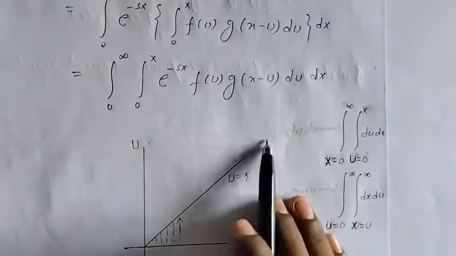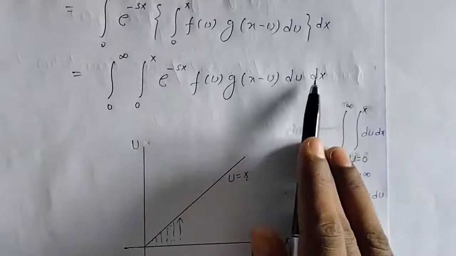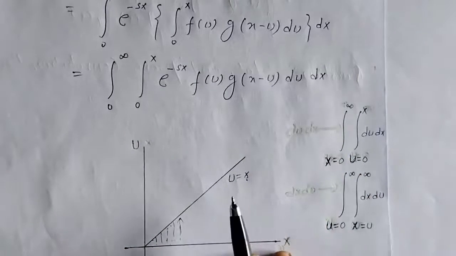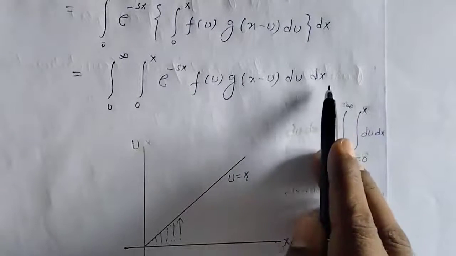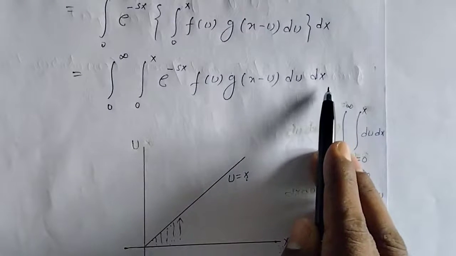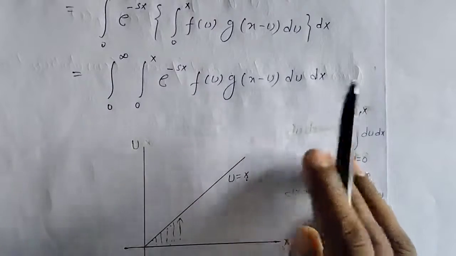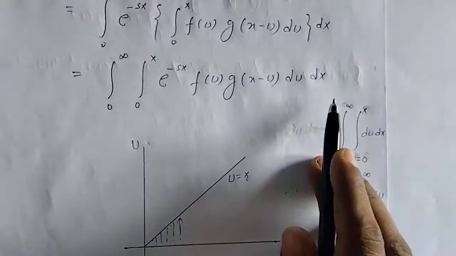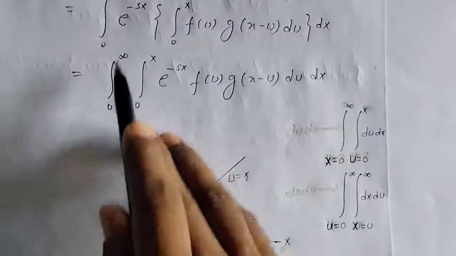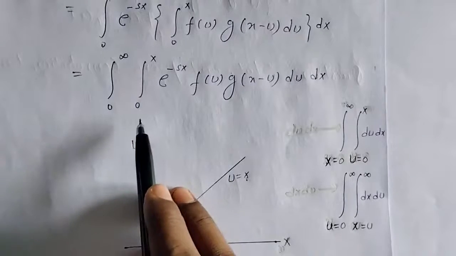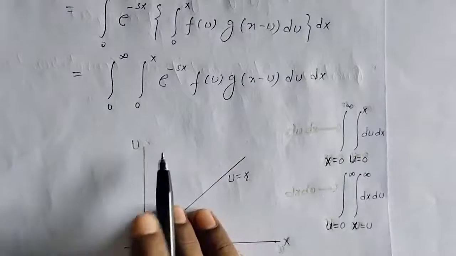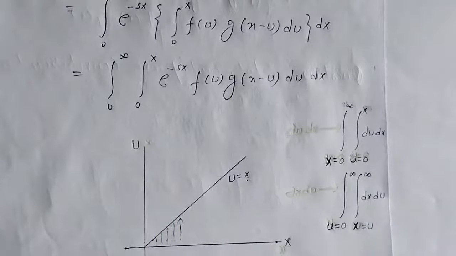We are going to reverse the order of integration. First we will integrate with respect to x, then with respect to u. While reversing the order of integration, the limits are going to change, and the challenge is to find what the limits are. That we will do here.